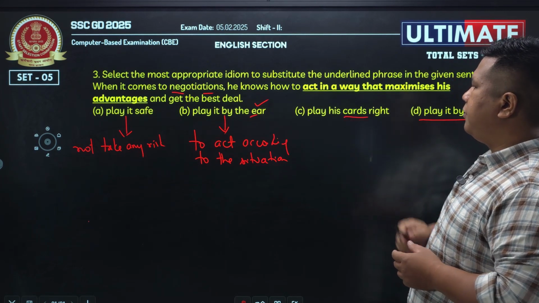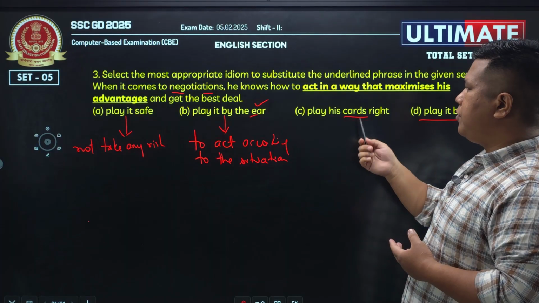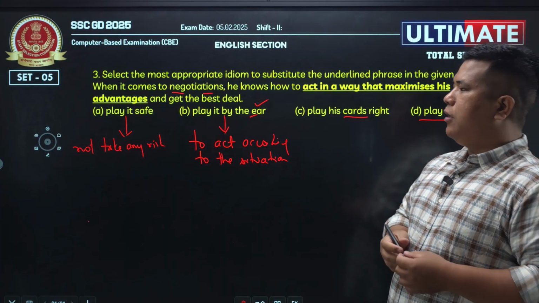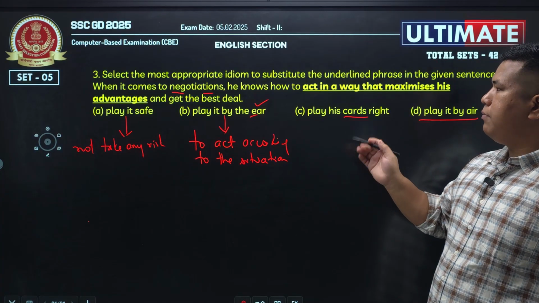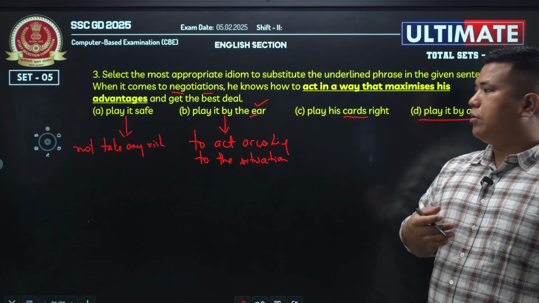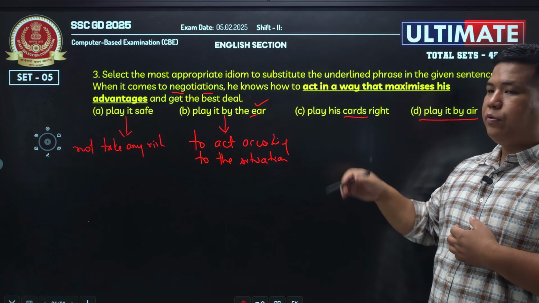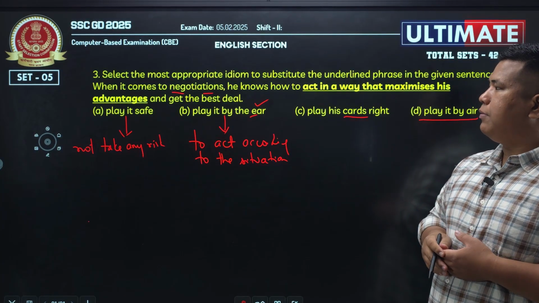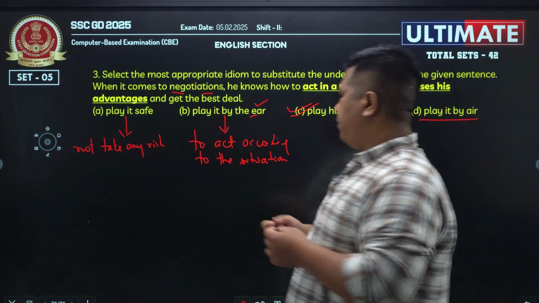In a game of cards, this means what you have. So if you play your cards right, that means you are doing your best, your advantages and disadvantages. So if you play the right cards, that means it will be beneficial for you. So option C, play his cards right.